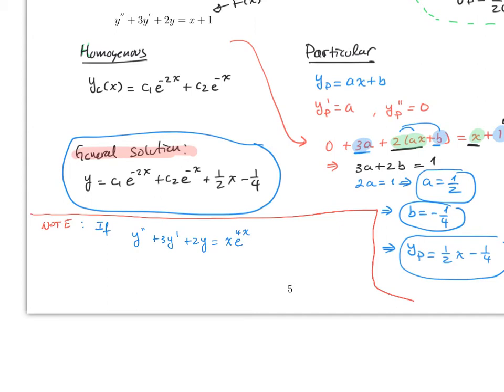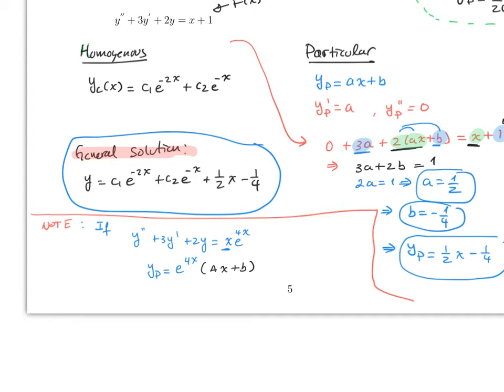Now, because of this, the particular solution will need to have this form. Well, it needs to have e to the 4x to accommodate this part, but because of the x, you're going to need the polynomial version, so this should be ax plus b.